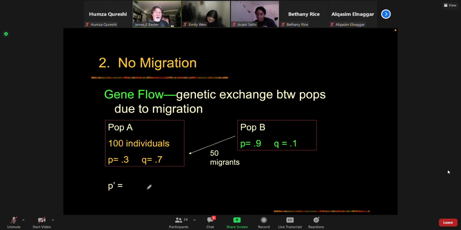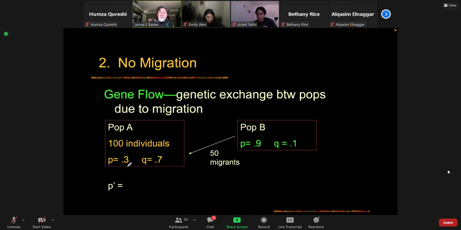Since we have 100 individuals here, that means we're dealing with 200 alleles, 30% of which are big P. So how many big Ps contribute from population A? 200 alleles, 30% of them are big P, the dominant allele.